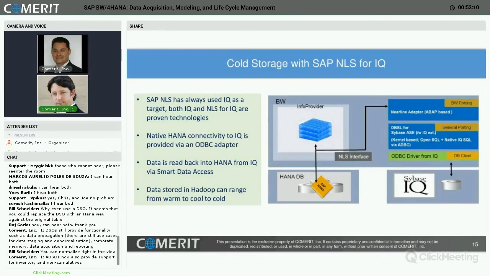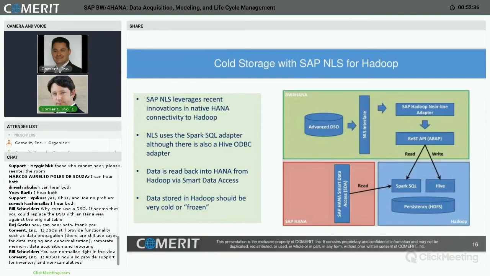So it is a performant solution for warm to cool or cold data. Please ignore my typo there on my 4th bullet: data stored in IQ, not Hadoop. It can range from warm to cool to cold. So you could use standalone IQ or NLS with IQ, even for some warmer data sets, if you did not want to go the route of extension nodes.